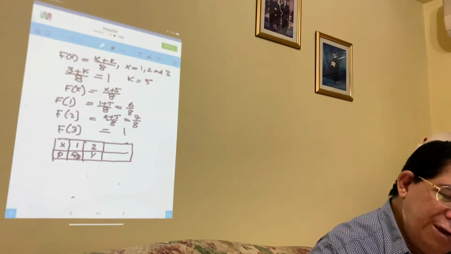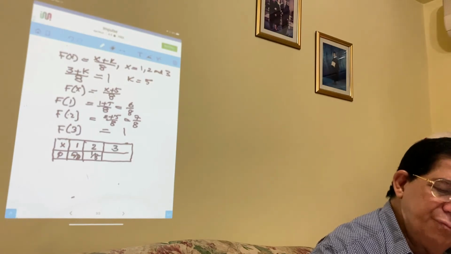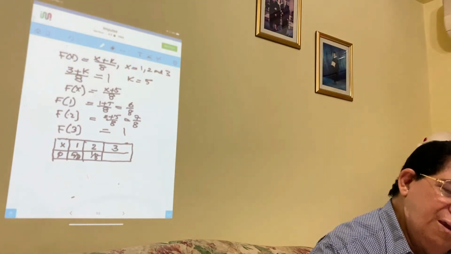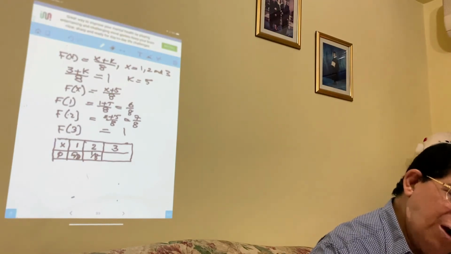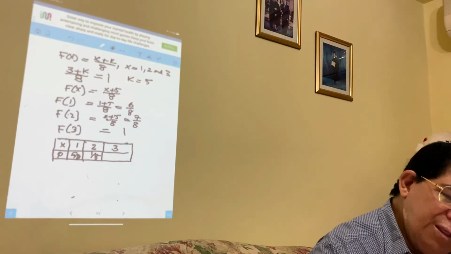This is 1 over 8. For 3, the same thing. The probability of the 3 values is 1, and 1 and 2 is 7 over 8, therefore 3 is 1 over 8.